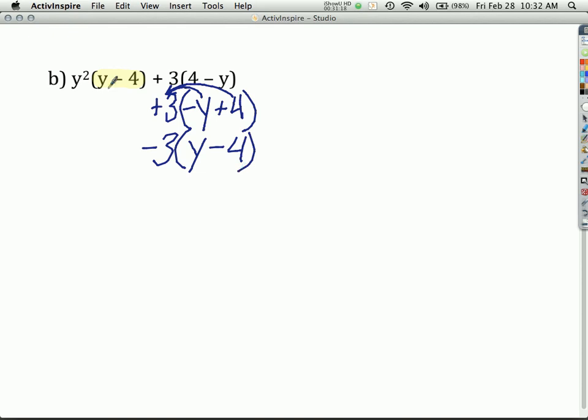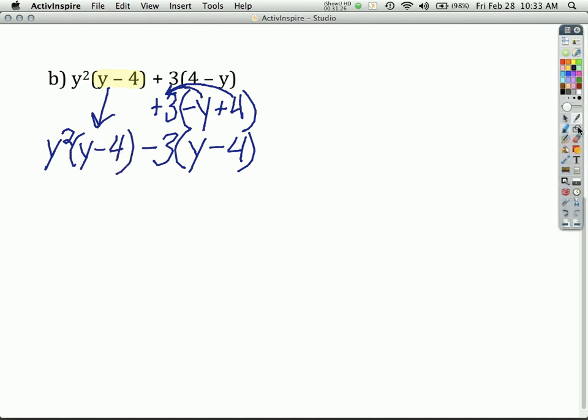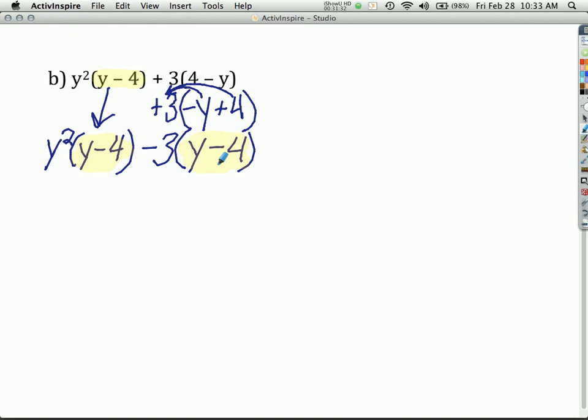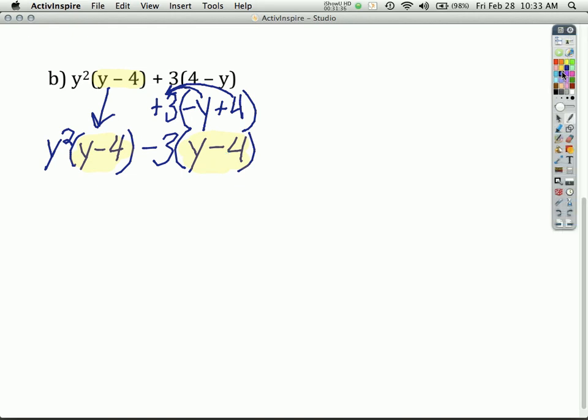So here's what we have. I'm going to bring this down. Y squared times y minus 4. Now we have that common factor that we were trying to identify. The y minus 4 and the y minus 4. That's the common factor that gets factored out. This is going to be brought over here.